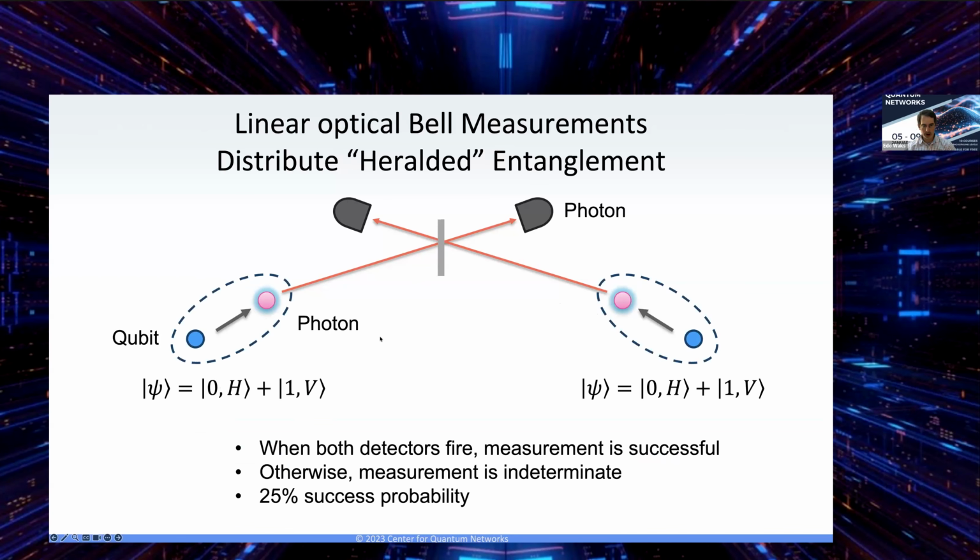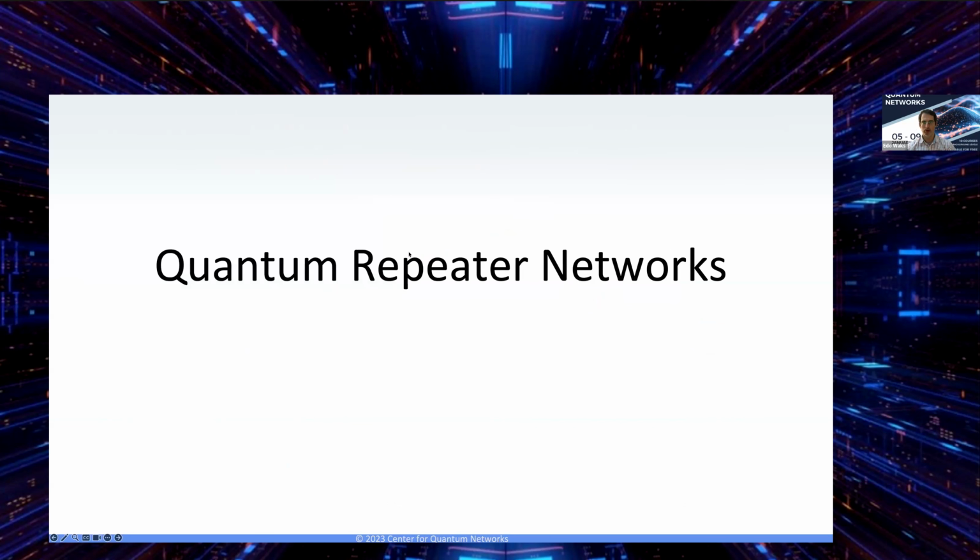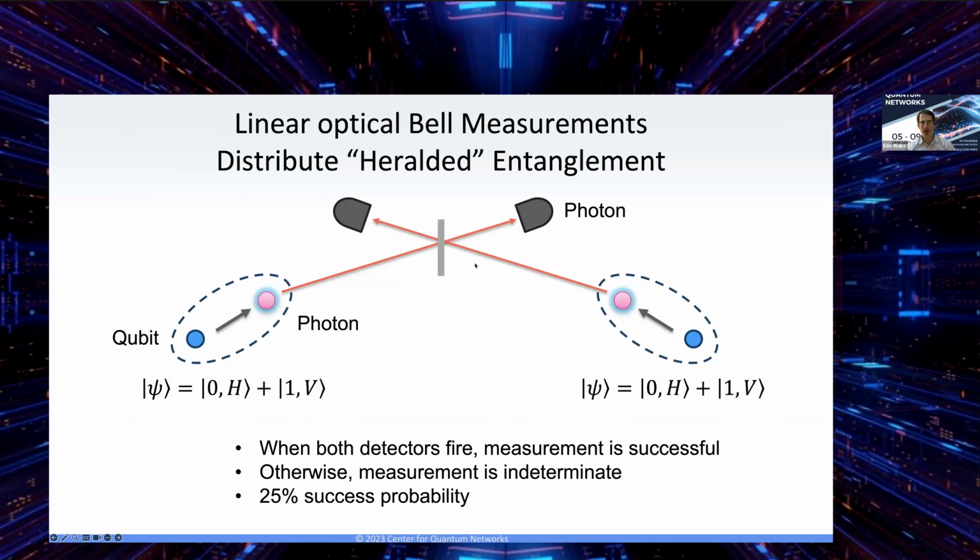Now, this only happens when both detectors fire. Otherwise, if a photon was lost along the way, or if we happen to have measured them in one of the other Bell states, we're not going to get simultaneous detection, and we will end up with an indeterminate result. At that point, we have to go back and try again and look to see if we succeeded the second time and the third time, and we have to repeat this.